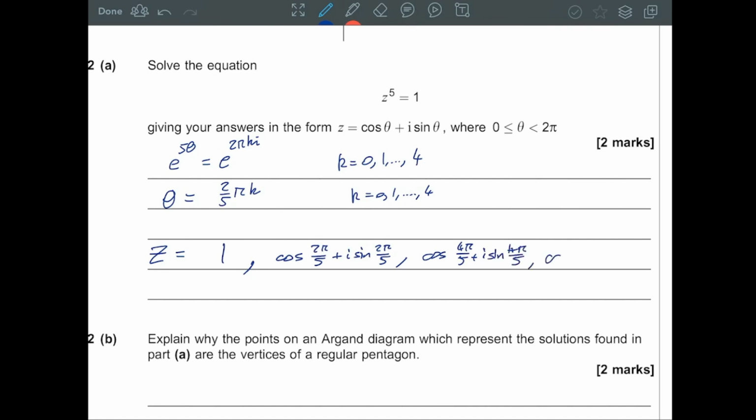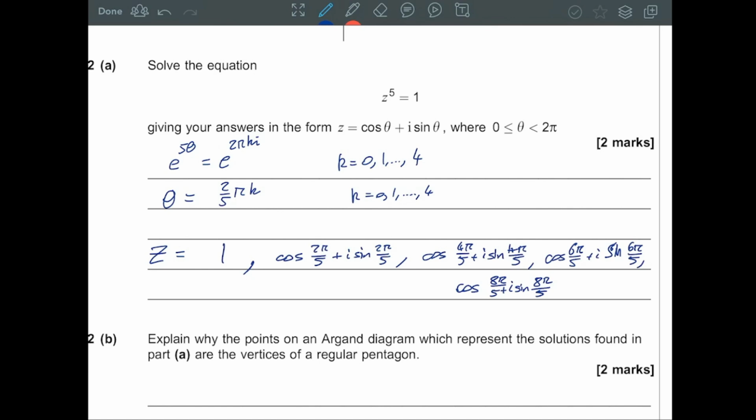The next one up is cos of 6 pi by 5. And you can see why I like to use that summary way of writing them for the first couple of lines of working. If I had to write this out that many times, it'd be madness.